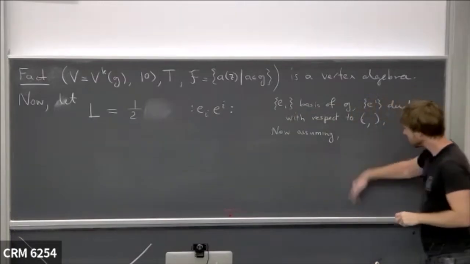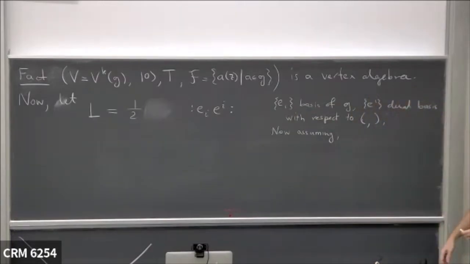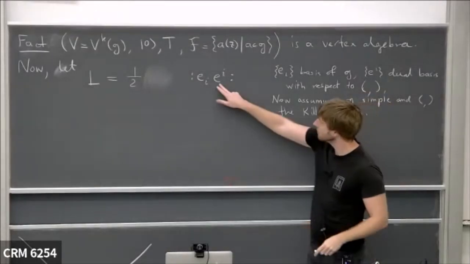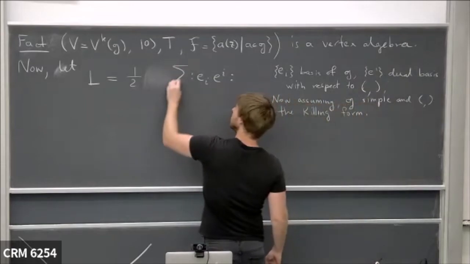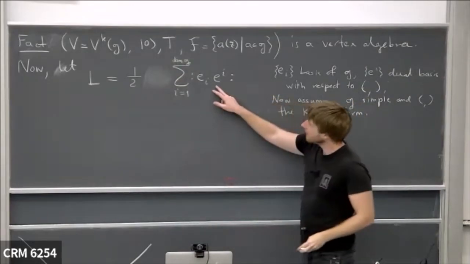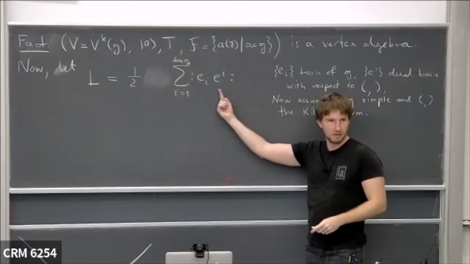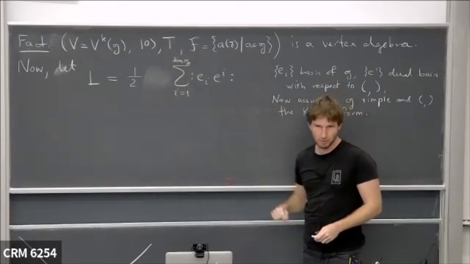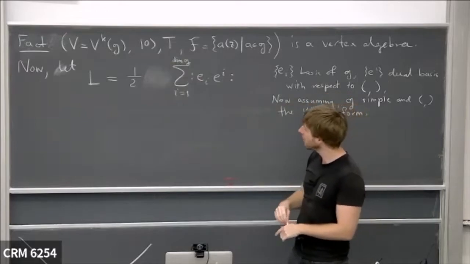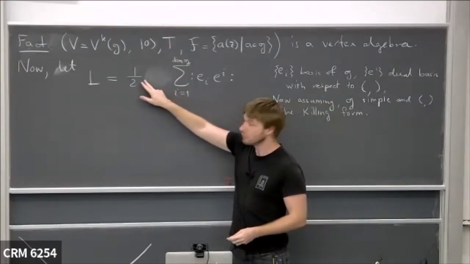And in fact, I want to do a little bit more. I'm going to assume that G is simple and take for this form the Killing form. Okay, so we can do this, sum them. And if you start trying to compute the OPE, this guy with itself, you find that it's more or less a Virasoro vector, as we saw last time, except that we have to normalize by something.